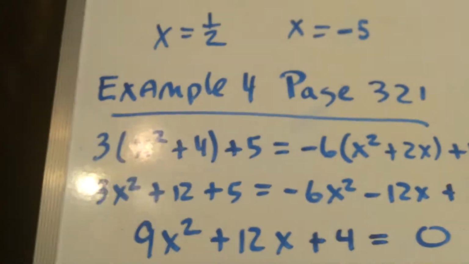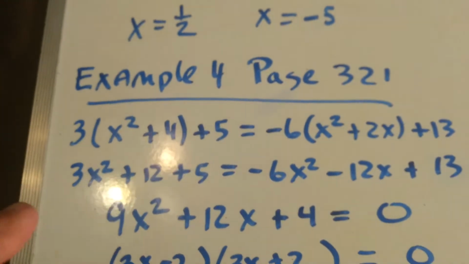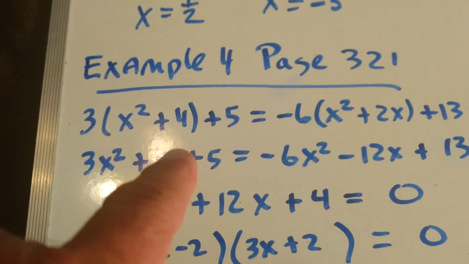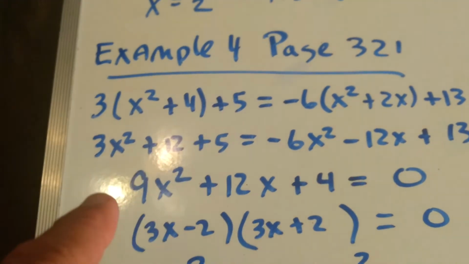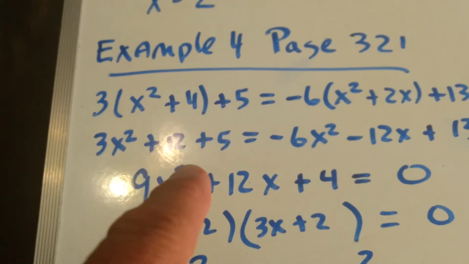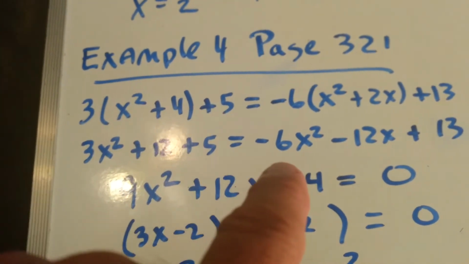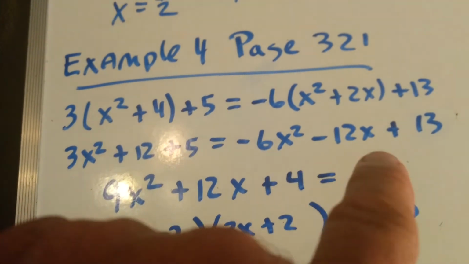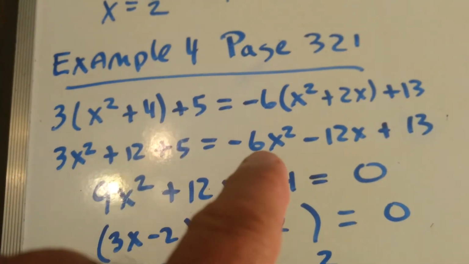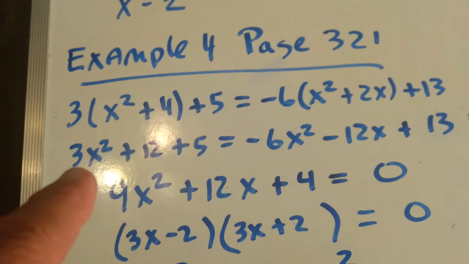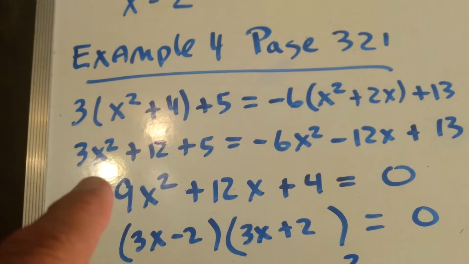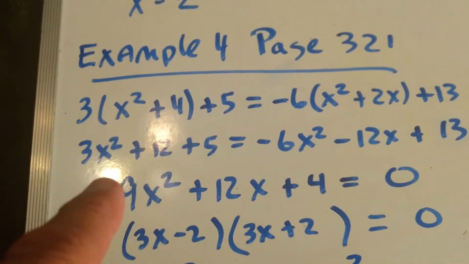On example 4 on page 321, a little more involved. We have to distribute here and here. This gives us 3x squared plus 12x plus 5 equals negative 6x squared minus 12x plus 3. I'm going to add the 6x squared over, because remember we want our coefficient in front of x squared to be positive.